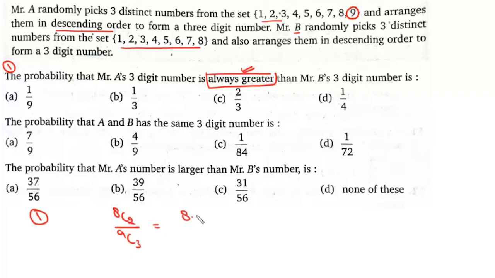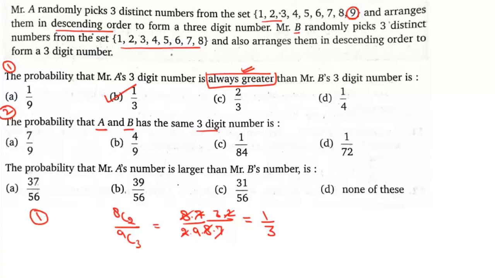Now this is 8, 7, 2, and this is 9, 8, 7, and this is 3 into 2. Now 8, 7 will cancel, 2 will cancel. So this probability is 1 by 3. So there is this 1/3 probability that Mr. A's 3-digit number is always greater than Mr. B's 3-digit number. Now the second question is the probability that A and B have the same 3-digit number.